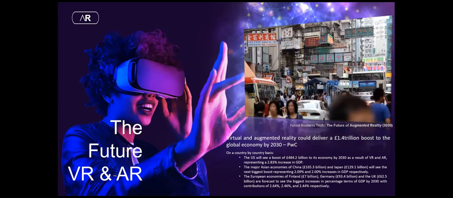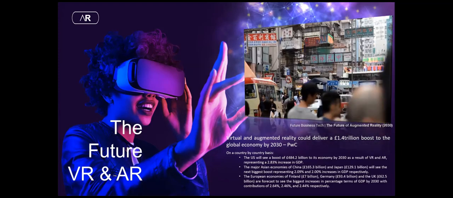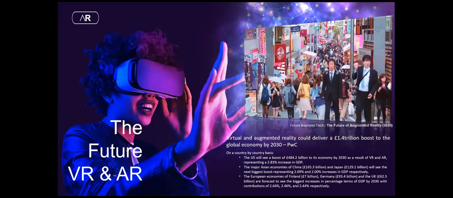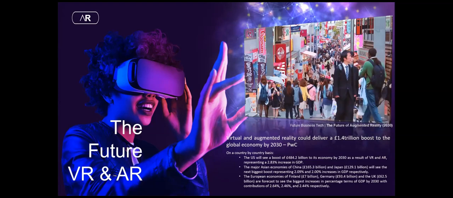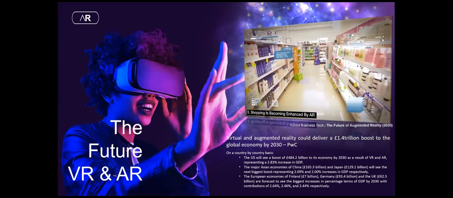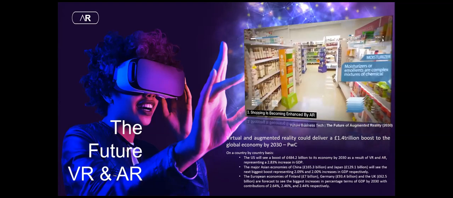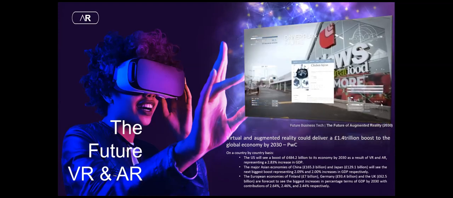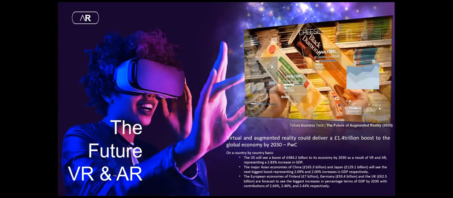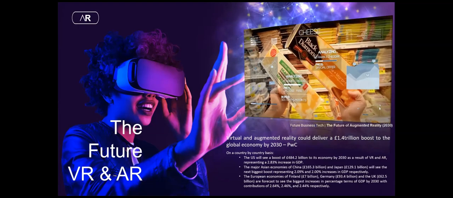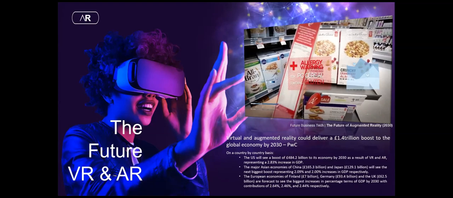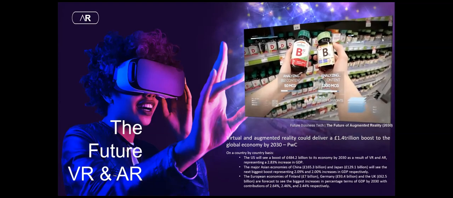And when you're in a foreign country and look at text on a sign or a billboard, that text will visually translate into your native language. Number 3, shopping is becoming enhanced by AR. When you walk through grocery stores and malls, your AR devices and apps will display product information such as product prices, grams of protein, and sugar content.